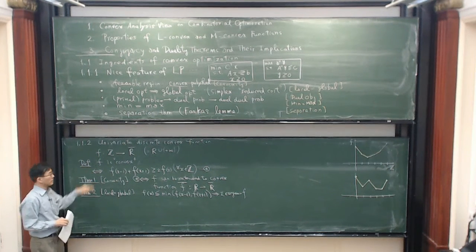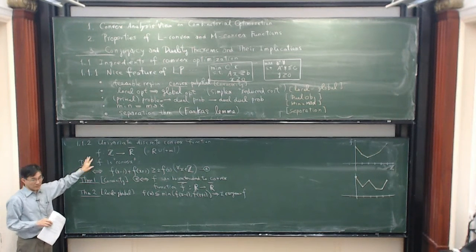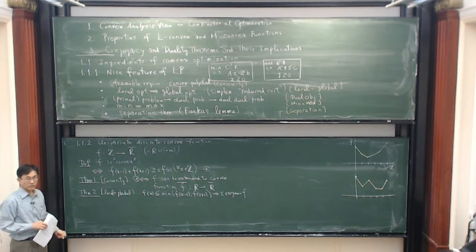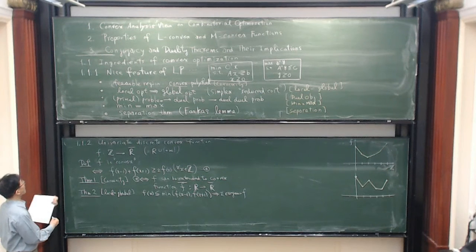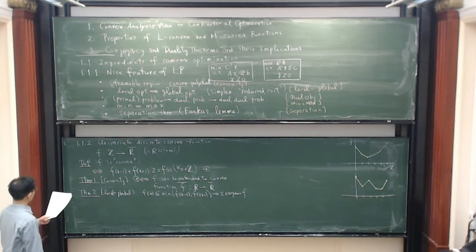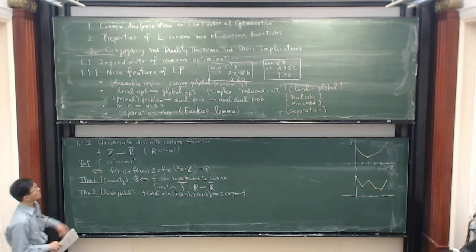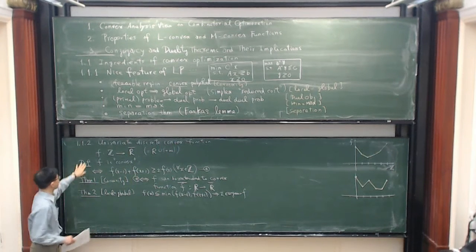Okay. But I'm doing this because I want to generalize this story to multivariate functions. Then, how can we define the dual object? Well, like that, we don't have such a program. We just have a function f.